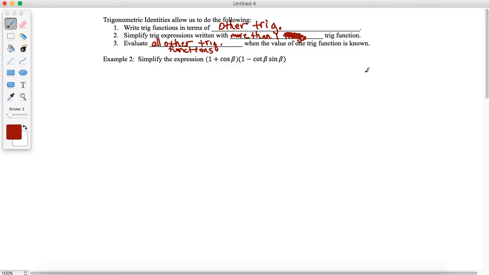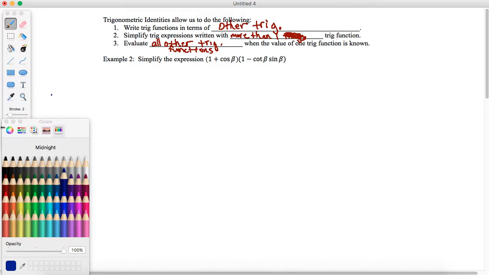All right, let's look at each of these types of things that we can do now that we know some other trigonometric identities. For example, example 2. It says simplify the expression (1 plus cosine beta) times (1 minus cotangent beta times sine beta).